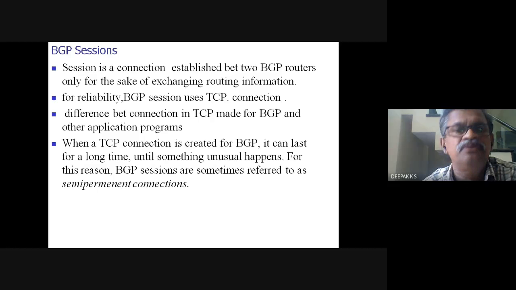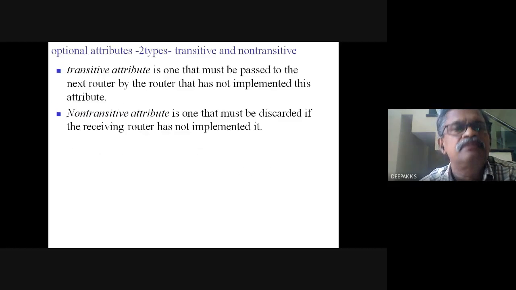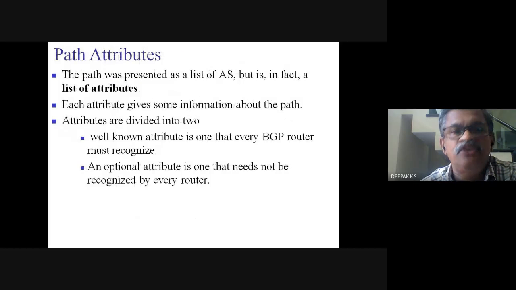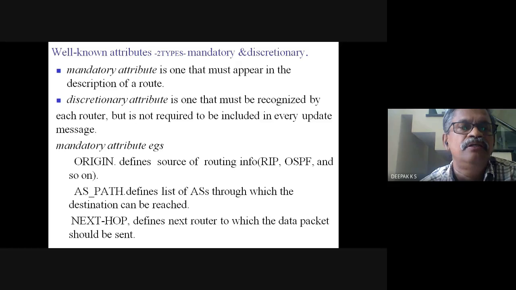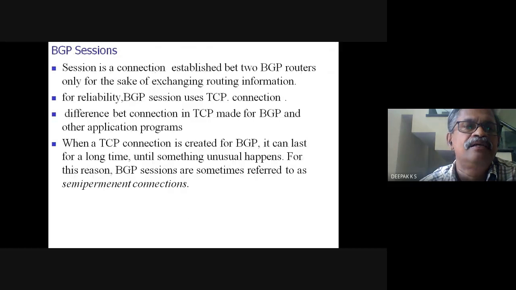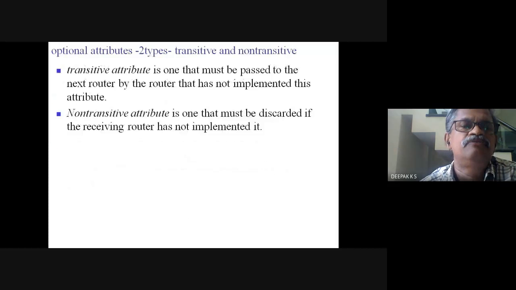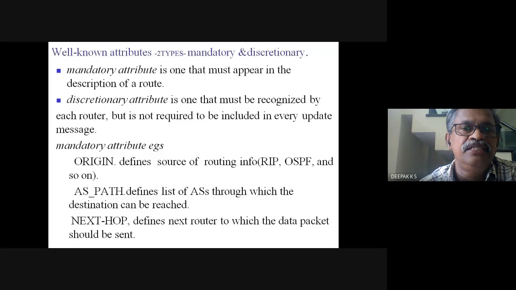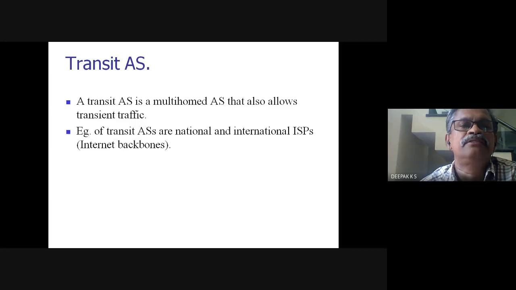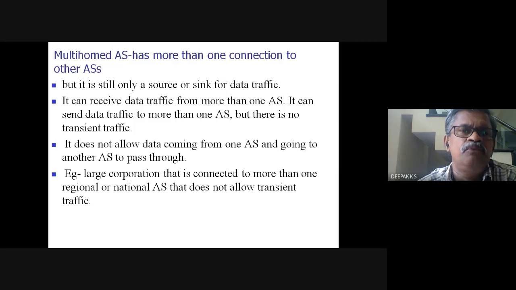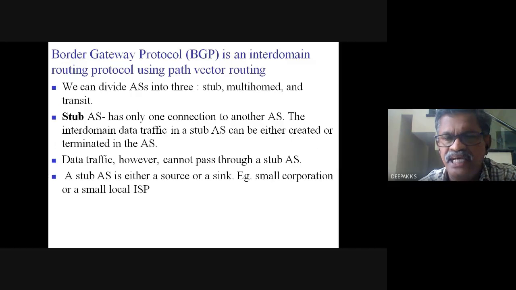Path vector routing means the path is a list of attributes. There are various types of attributes and links, and sessions exist for the exchange of these attributes and paths. The network can be a transit autonomous system, through which data passes, or multi-homed or stub, in which they are only source or destination.